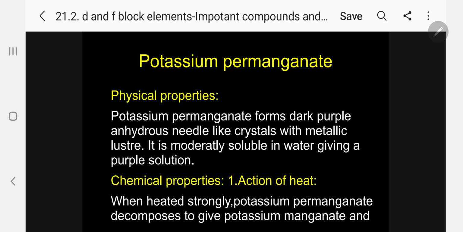Coming to properties. As usual, first you have to discuss physical properties. Potassium permanganate forms dark purple anhydrous needle-like crystals with metallic luster. Kindly follow.